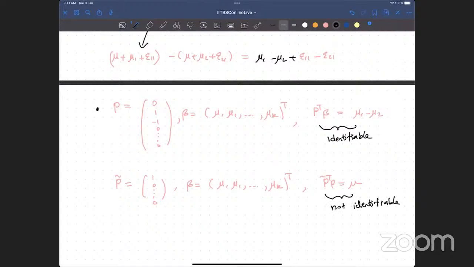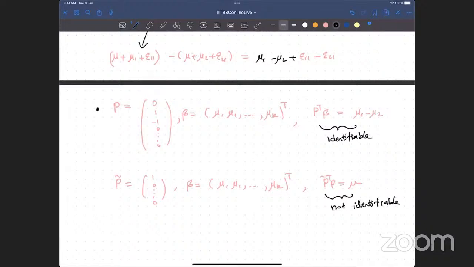Is this part clear to everybody, that I can express any parameter as a linear combination of my entire vector? Yeah, it is very clear. So that's how the game shifts now.